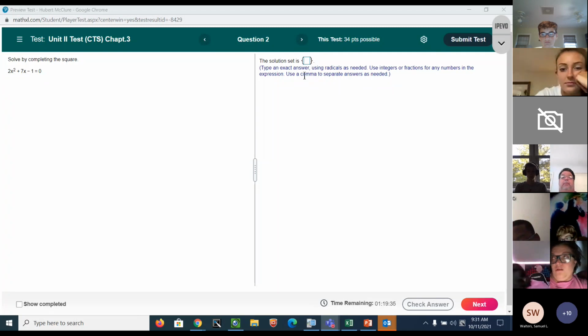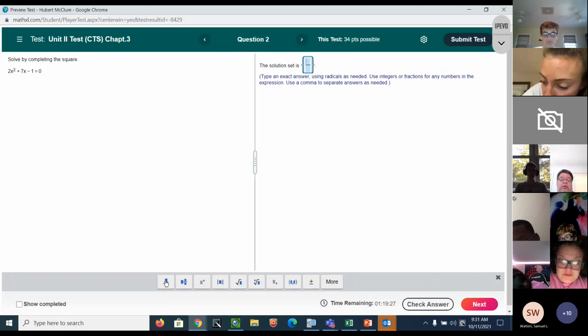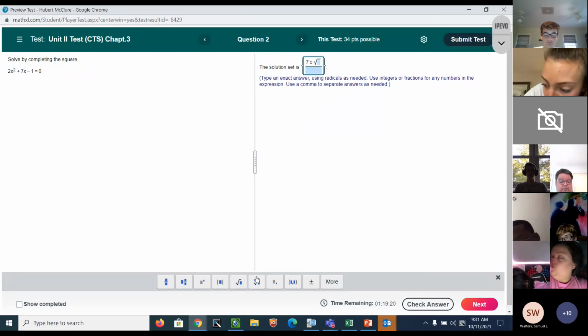All right. So I'm going to type in 7, and I'm going to use the fraction bar. 7 plus or minus square root of 57 over 4. Let's see, because I don't like them having to type in all these.